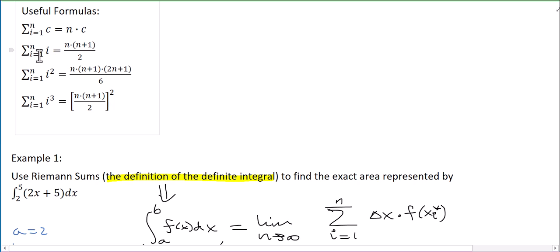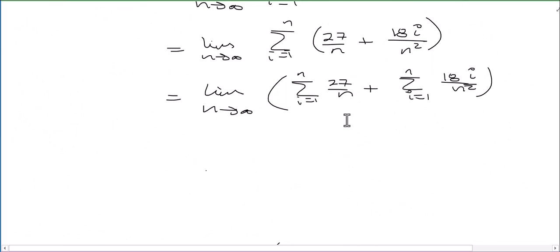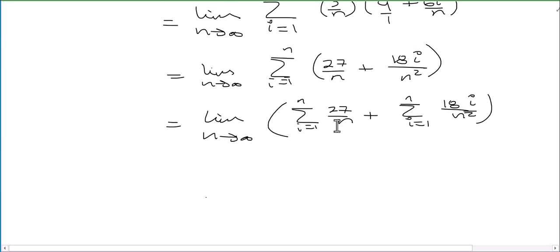The sum from i equals 1 to n of i is, this is the total sum, and so on. So here we're almost at the point where we can plug in our formulas, I think. Notice that this one doesn't have any i in it, it's just 27 over n. So 27 over n, you can consider that kind of like our constant, that's just a c. And then this, you can consider that also a constant times i.